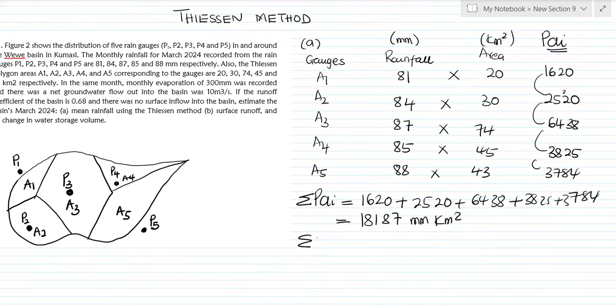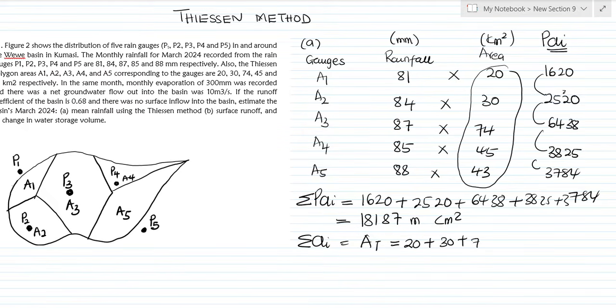Then we find the total area. I add these whole areas: 20 plus 30 plus 74 plus 45 plus 43, and that will give us 212 kilometers squared.